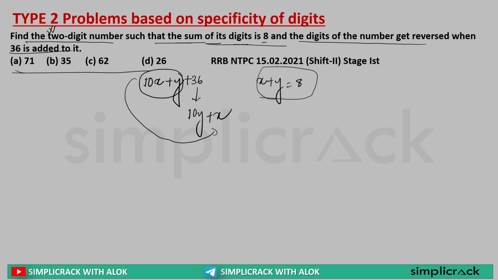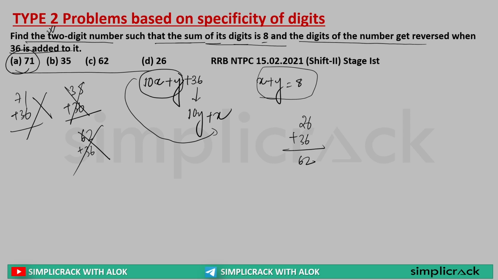So if I take this number from my options and add 36 to it, is it getting reversed? No. So this is not my option. If I take 35 and add 36 to it, will it get reversed? No. If I take 62 and add 36 to it, will it get reversed? No. Which is the last option? 26 plus 36 is equal to 62. That means 26 gets reversed to 62.